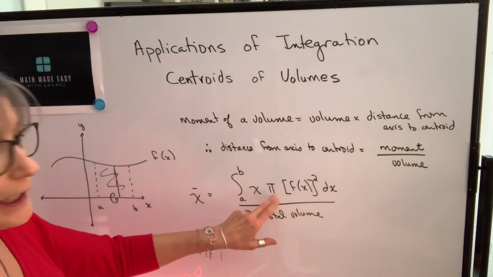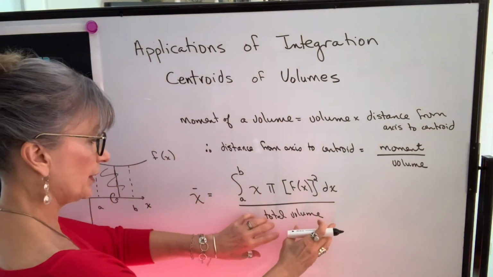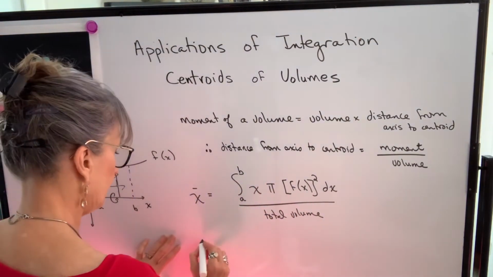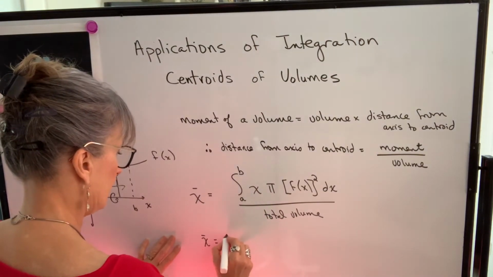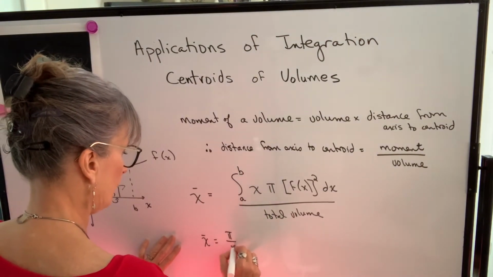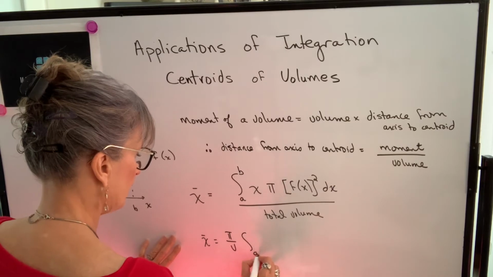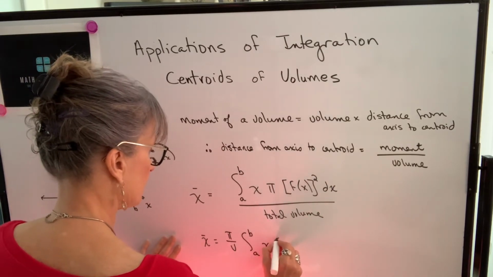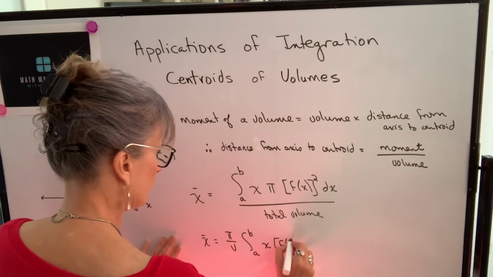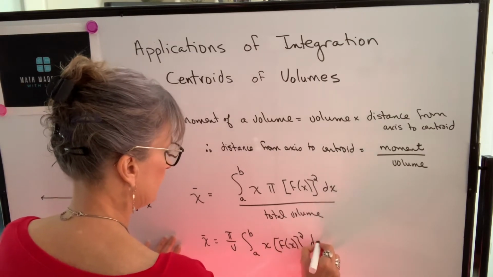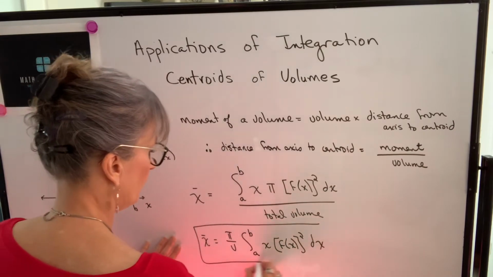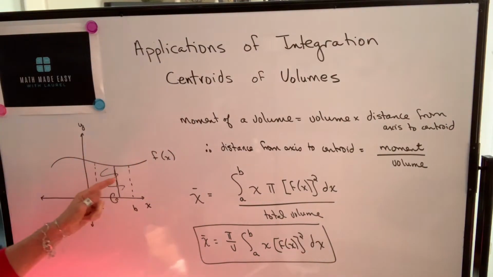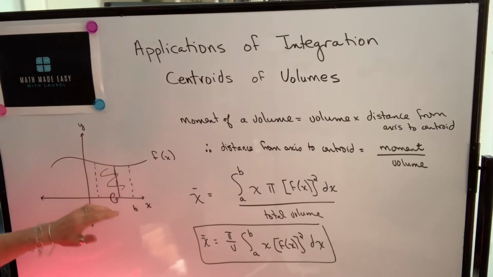I'm going to bring pi out front, and I'm also going to bring total volume out of the denominator. So we could write this as pi divided by v, the volume, times the integral from a to b of x times f of x squared dx. That's how we would find the x coordinate of this particular volume if this area was rotated about the x-axis.